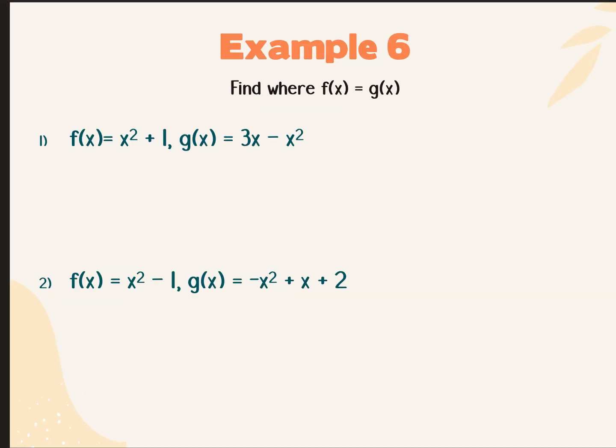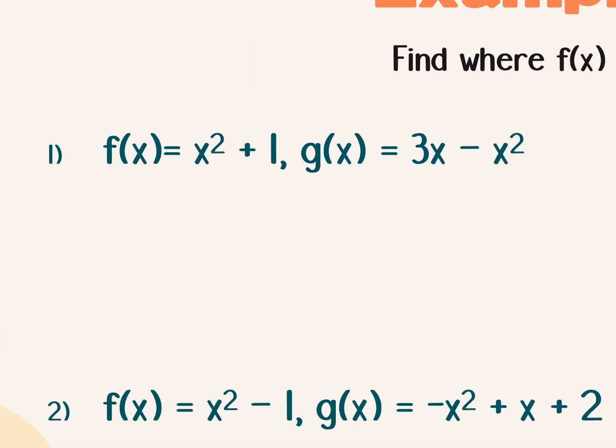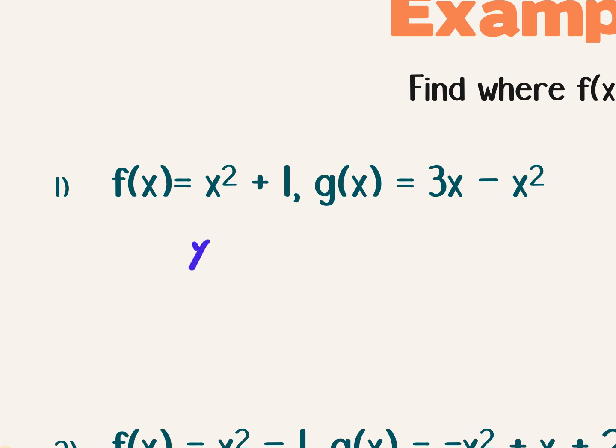You guys doing great. Example 6 says, find where f of x equals g of x. What do you think I do to this? I set them equal to each other and solve it. That's it. You're just setting them equal to each other and solving. This is understanding what these questions are asking.